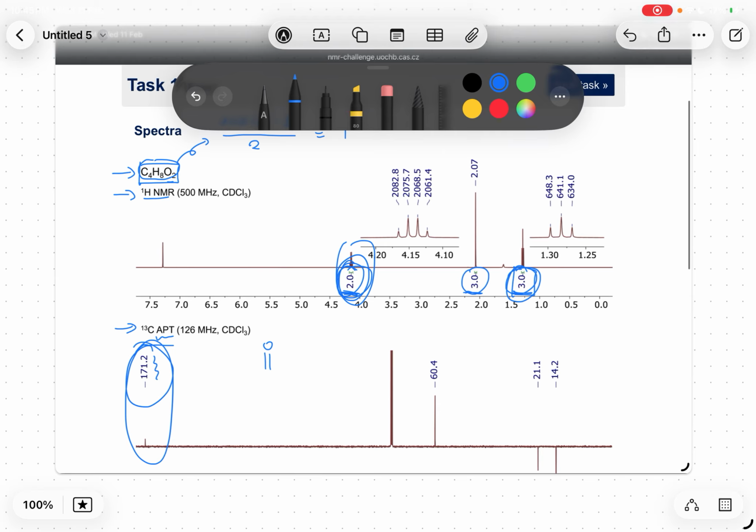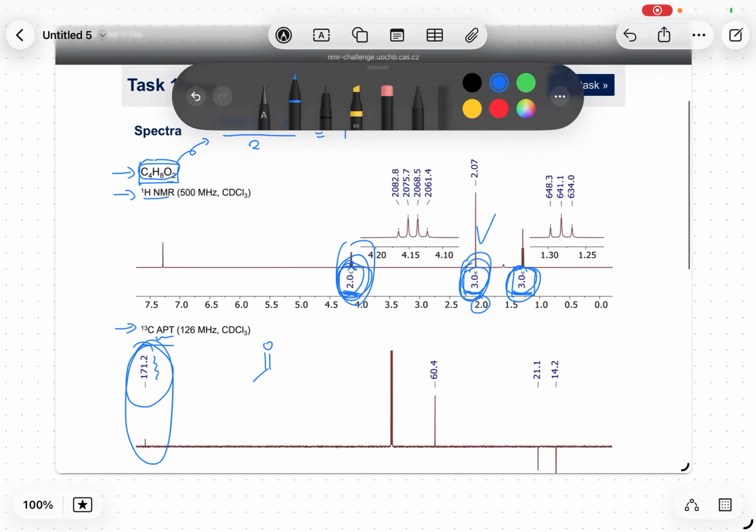Keeping that in mind, we notice that the 3 protons here are near 2.0, so that's indicative of protons next to a carbonyl group, and that is consistent with our previous deduction that there's a carbonyl group present, so we can just draw that in first. So these 3 protons are accounted for.